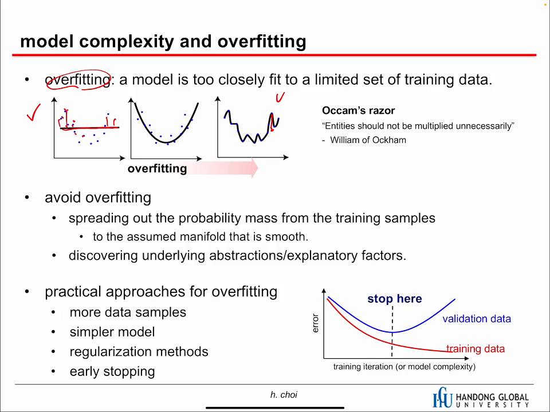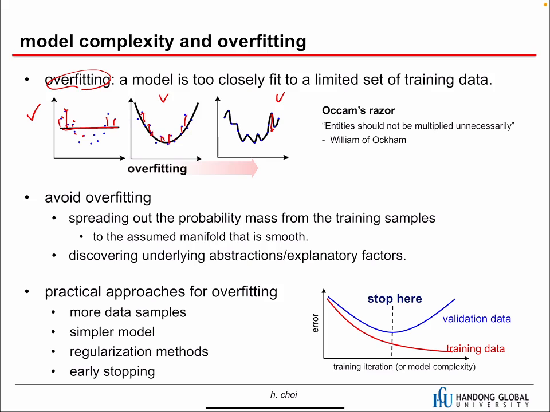But this is not that noisy data. This shouldn't be large like this. So even though the training error is 0, when we test, this model is not working well. It doesn't generalize well.